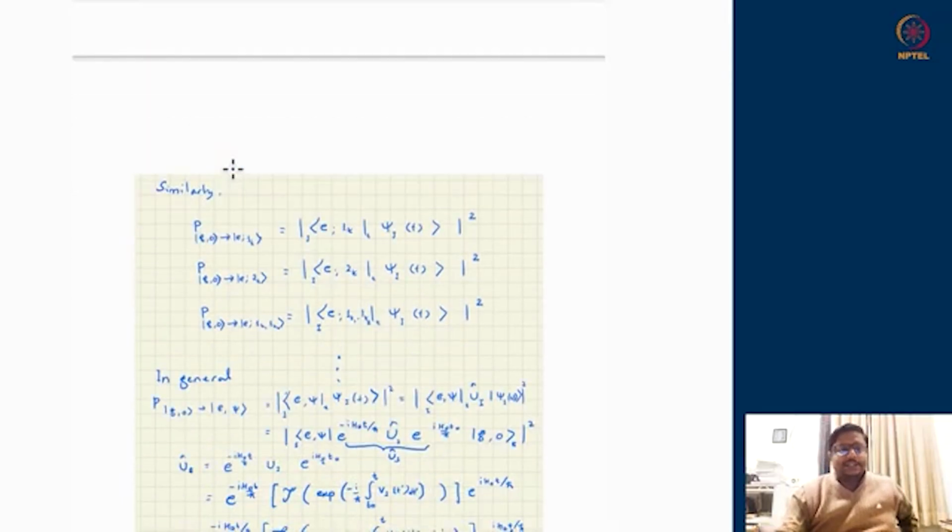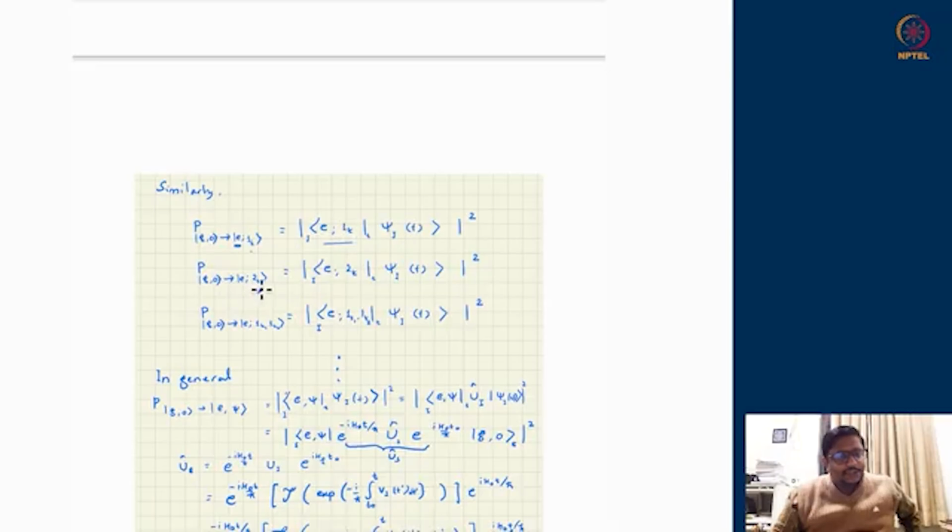Similarly, we can ask a different question. What is the probability that both the atom as well as the field get excited? The field gets excited to some excited state, let us say 1_k. The same computation I will do, only the final state of interest will become E1_k. I am asking the probability that the final state is 1_k, not 0 for the vacuum.